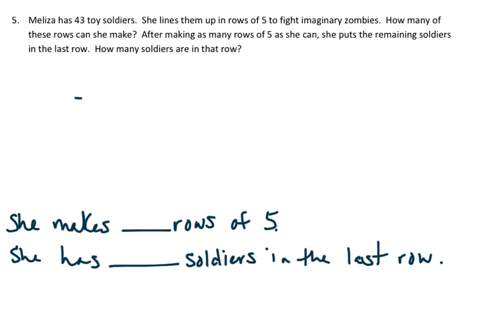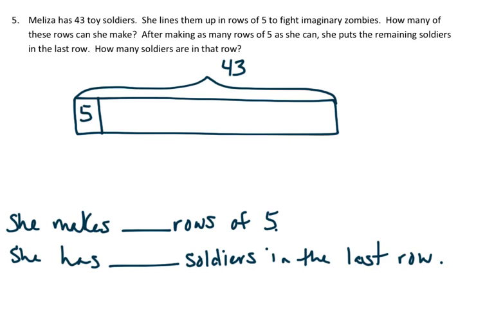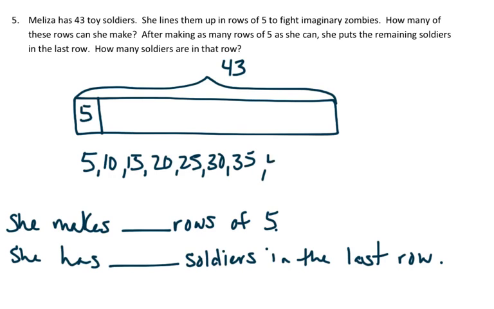So I have my tape, and that is 43 toy soldiers, and she's making groups of 5. Okay, so just counting by 5s, I can write them down: 5, 10, 15, 20, 25, 30, 35, 40, and the next one would be 45, but we don't have 45, we only have 43.